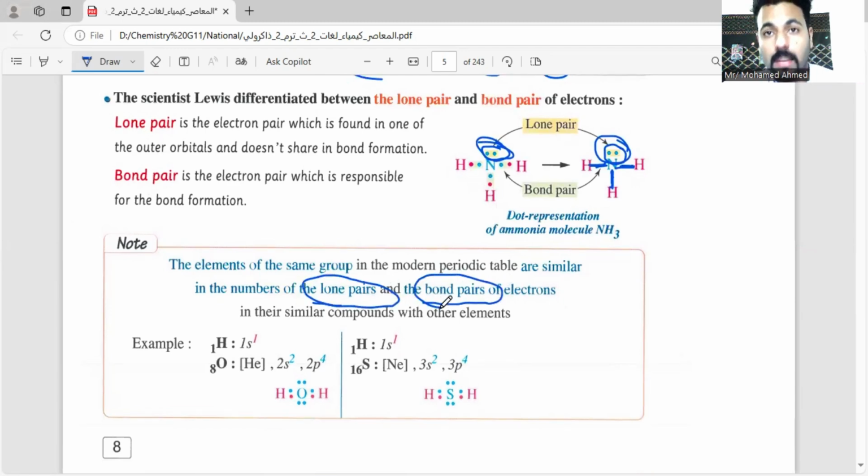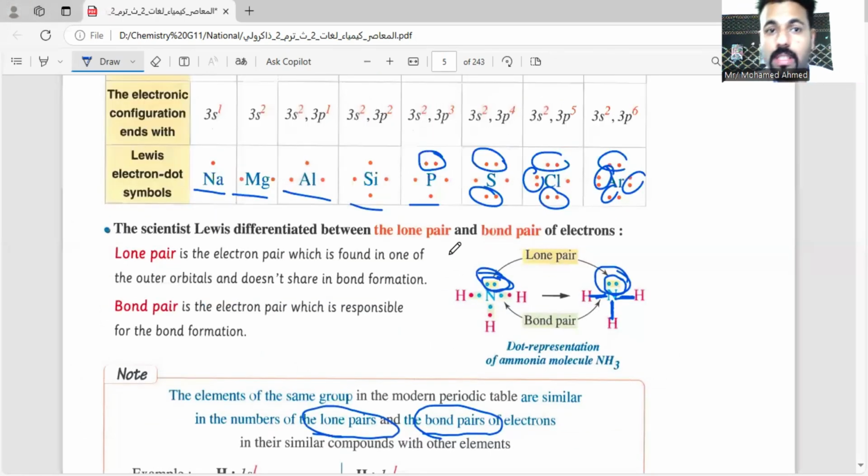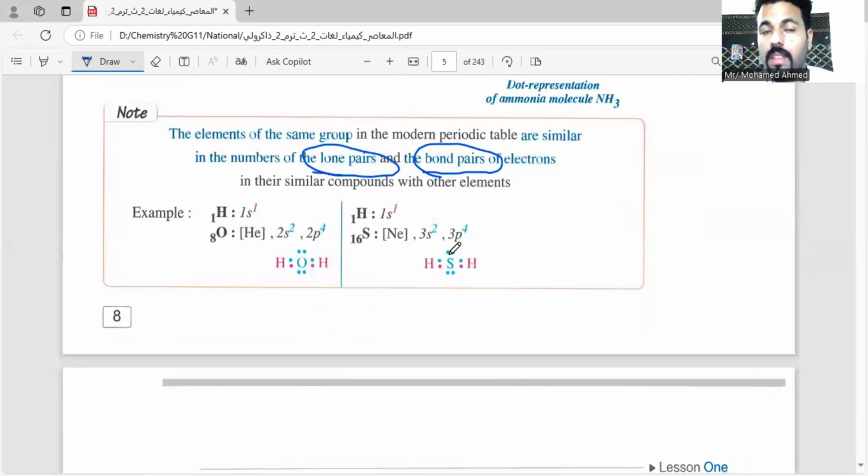Again, all elements of the same group, for example, oxygen and sulfur, are in group 16 or 6A. So they have the same number of lone pairs and number of bond pairs. When they react with hydrogen, for example, here we have lone pair, and here we have another lone pair. So we have two lone pairs.